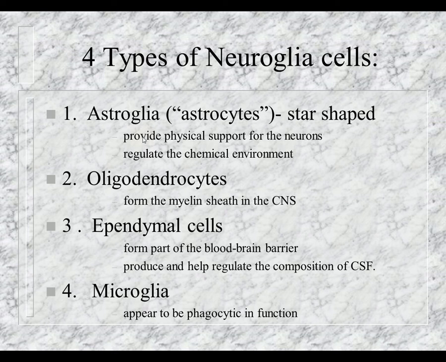The neuroglia cells are capable of mitosis, that's the division of cells into stages, whereas your neurons are not, and that's why neuroglia are the ones responsible for your brain tumors. The neurons do not replicate; they can't replace themselves if they're irreversibly damaged. Neuroglia are unlimited and can replicate themselves.